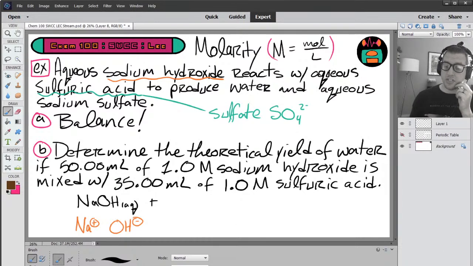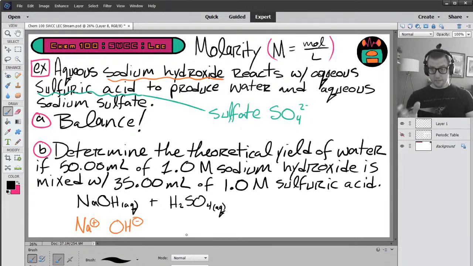And the reason why the charge is important is the charge tells you how many hydrogens you give this ion to make it an acid. So a charge of -2 means that sulfuric acid will need two H's out in front of it.